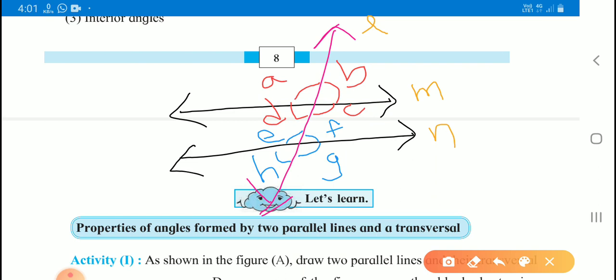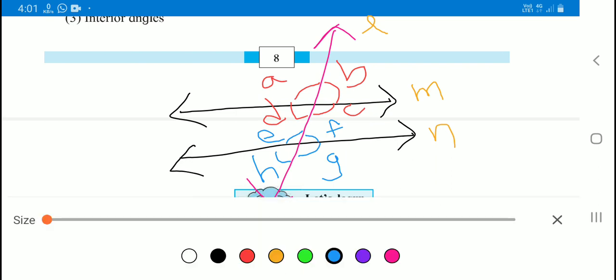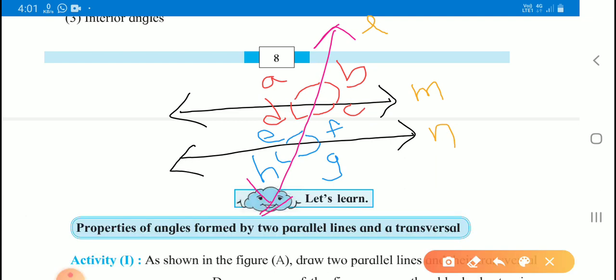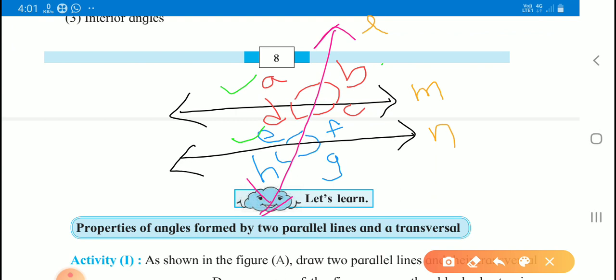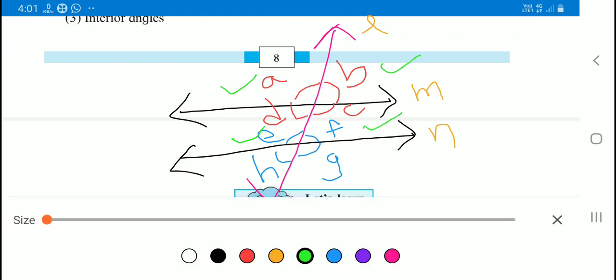Now in this figure we will see the corresponding angles. These are the corresponding angles of this figure. I will show them by green color. These are A, E, then B, F. Another pair I will show by blue color.